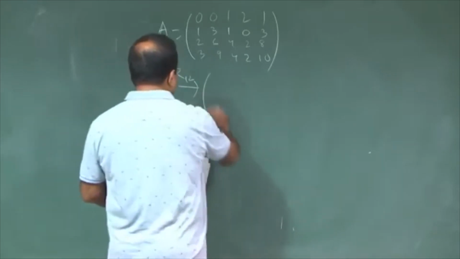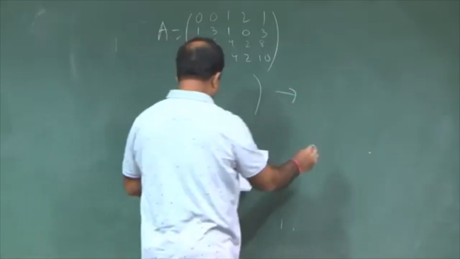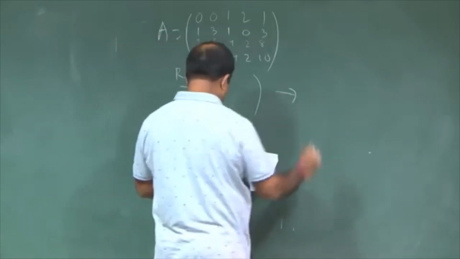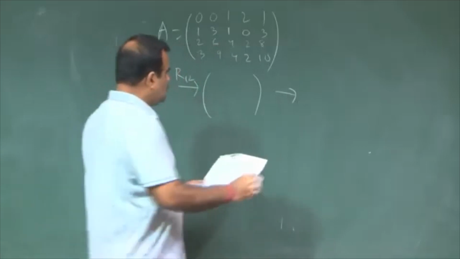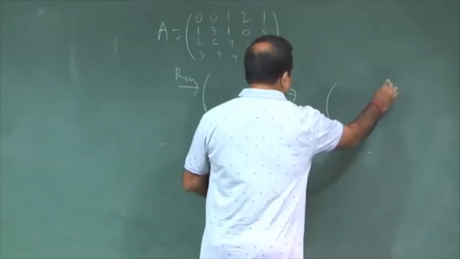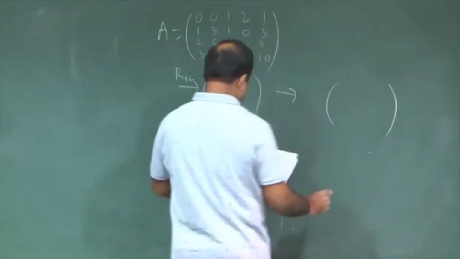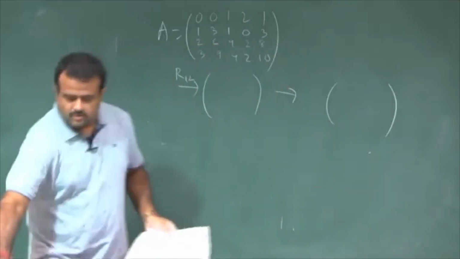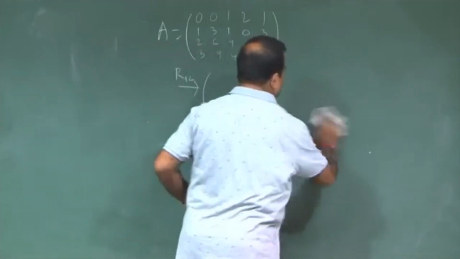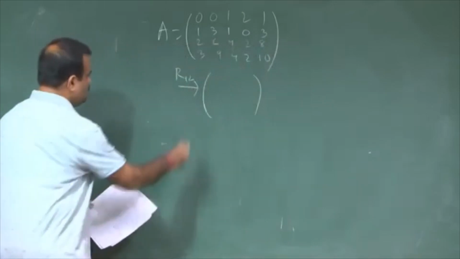Then again we have to do some row operations. If you continue this, eventually, I am not going into the details, you can just work out the example at home.